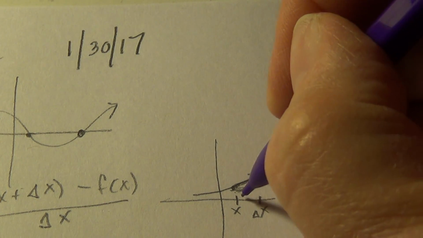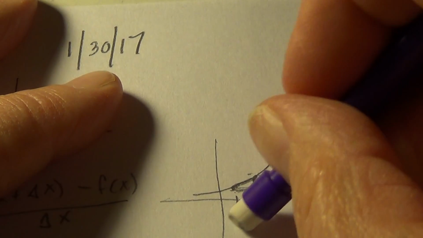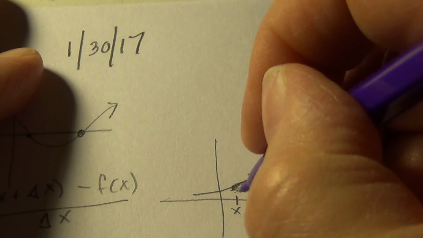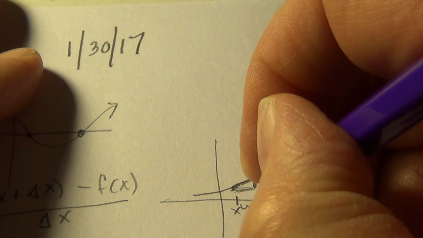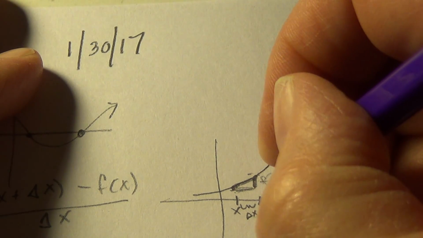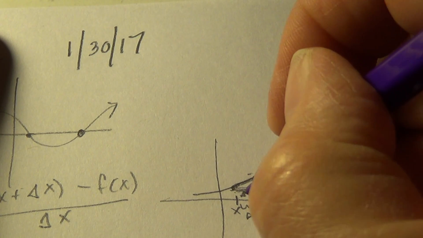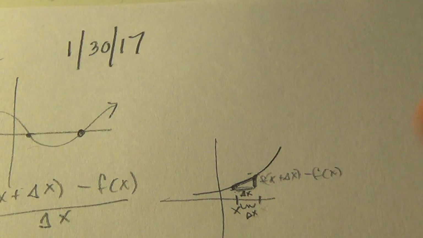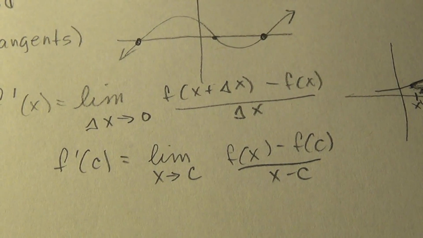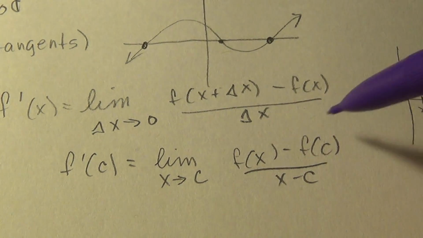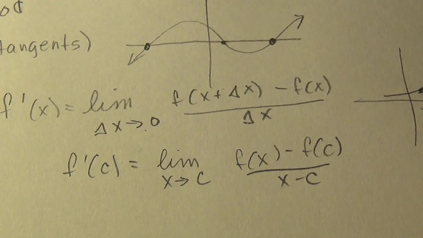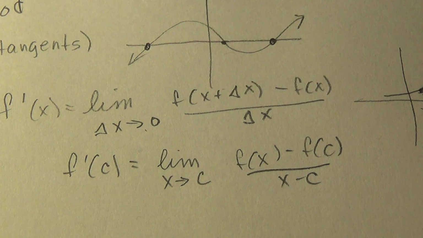We'll just say that this amount here is change of x. So we go out from x, change of x. I don't want to talk about this in detail. It's just that this is the slope, and this change of x is going to go to 0, where it actually becomes a tangent line.